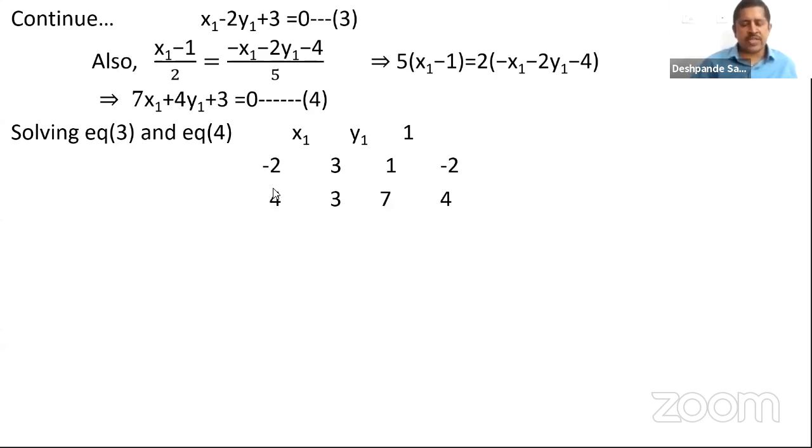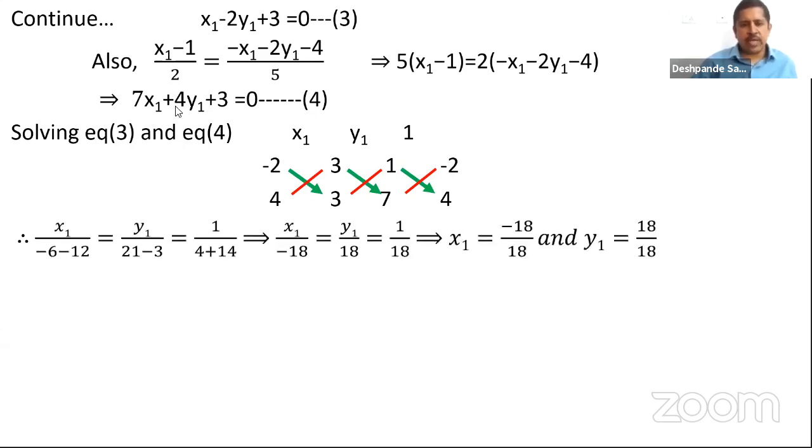So use the cross multiplication technique. So minus 2 into 3, 4 into 3, then 3 into 7, minus 3 into 1, 1 into 4, minus 7 into minus 2. So you get x1 by (minus 6 minus 12) is equal to y1 by (21 minus 3) is equal to 1 divided by (4 plus 14).